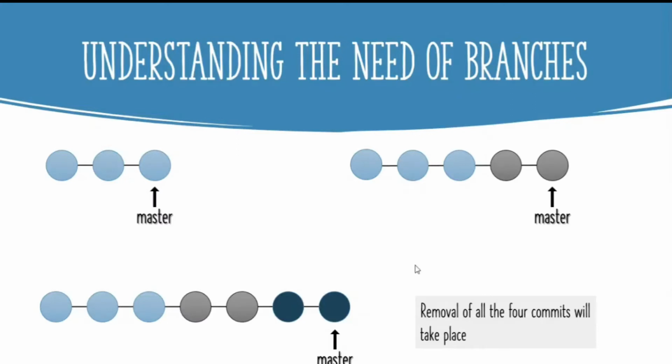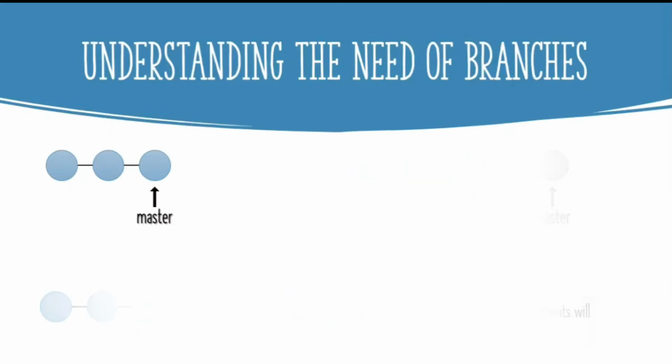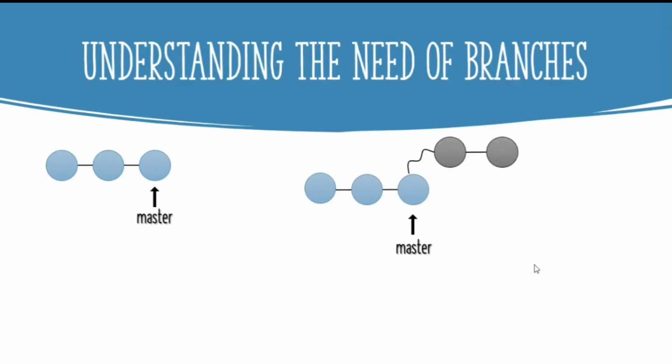So now let's understand this exact same example with the help of branches. You are working on a project and this is the progress that you have made, and now you get some new ideas that should be added in your project. So instead of directly adding those ideas, what you do here is create a new branch. In this way, your master branch will keep pointing to the previous version of your project only, but the new branch that you have created, named feature 1, will point at the most recent commit that you have.